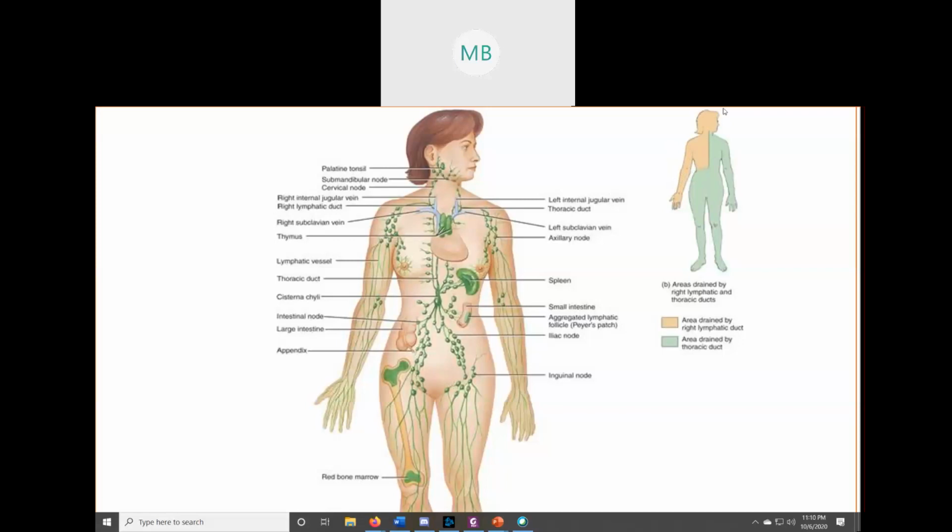That is where your body is collecting lymph for your right lymphatic duct. Everything else in your body, all the other lymph nodes, through various tubes in the lymphatic system, ends up winding back through the thoracic duct. So the thoracic duct handles the bottom half of your body and your left arm. The right lymphatic duct handles your head and your right arm.